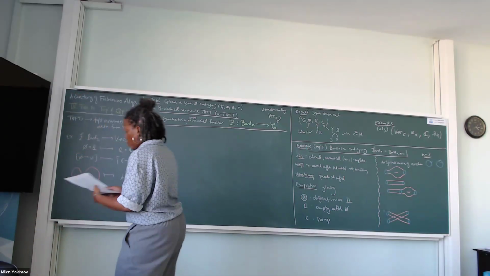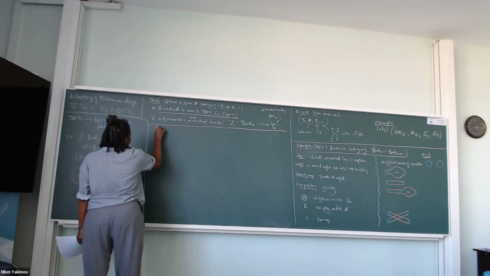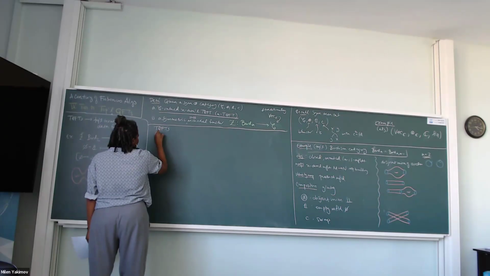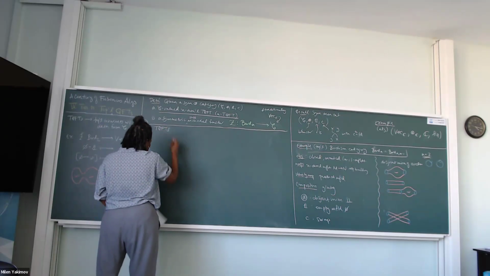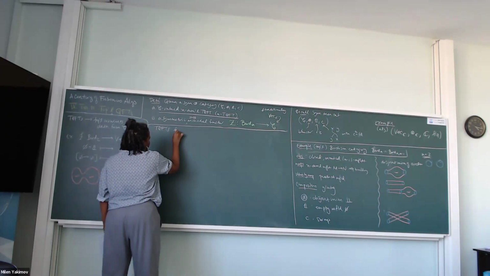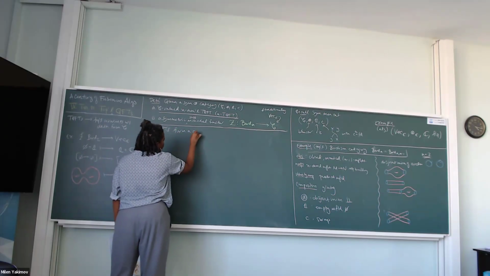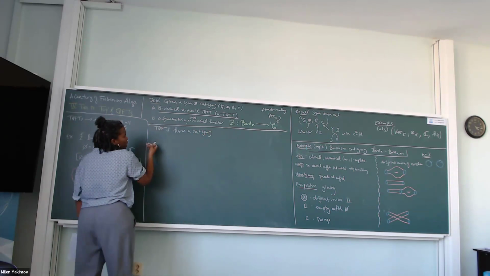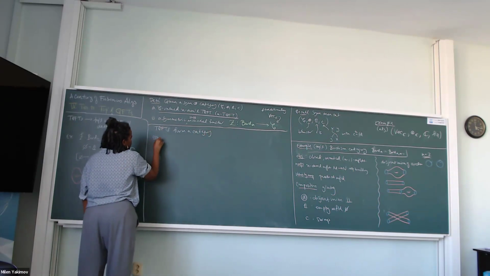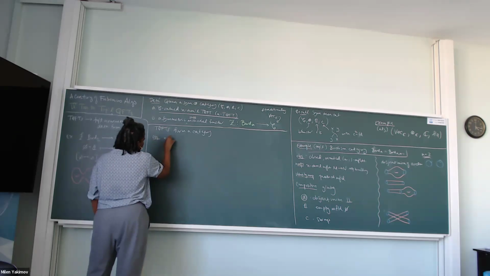Now, one cool fact: TQFTs, these are nice functors. These functors certainly form a category. They form a category where the objects are, let's say, the n-TQFTs.